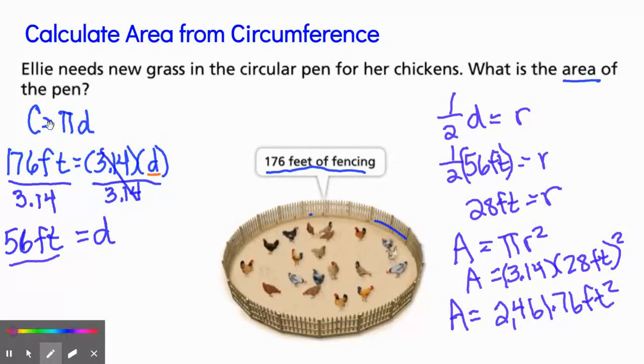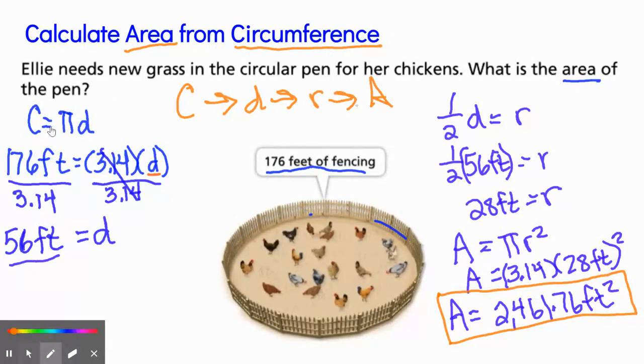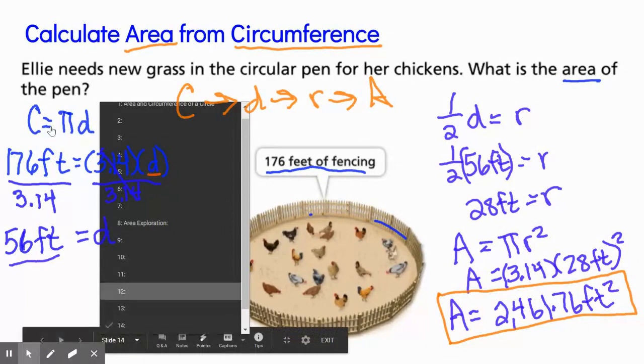Okay. All right, so this is how it's a 3-step process calculating area from circumference, because we have to go from circumference to diameter to radius to area. Okay, let's go to our last problem.